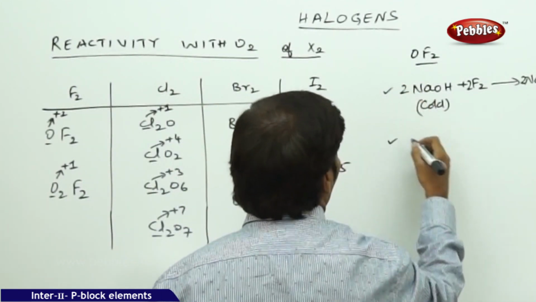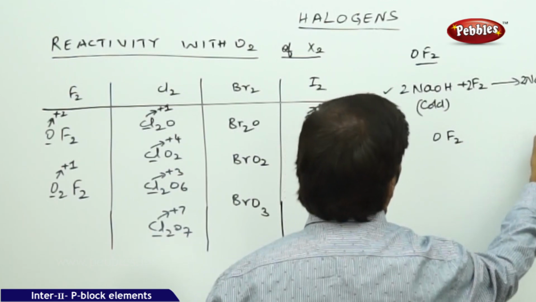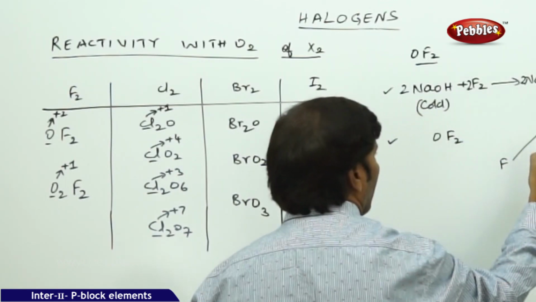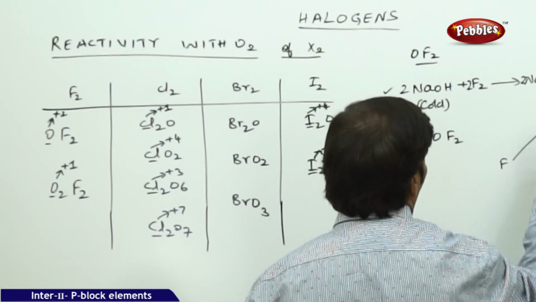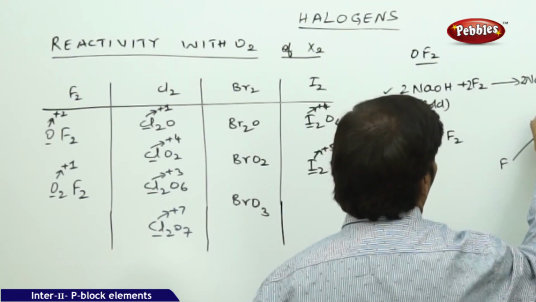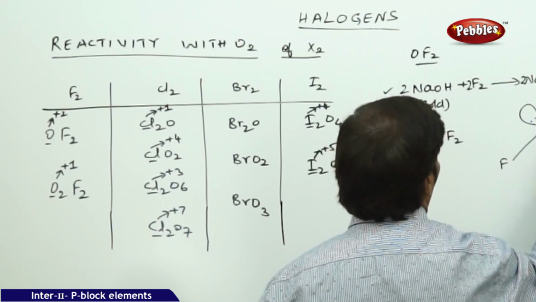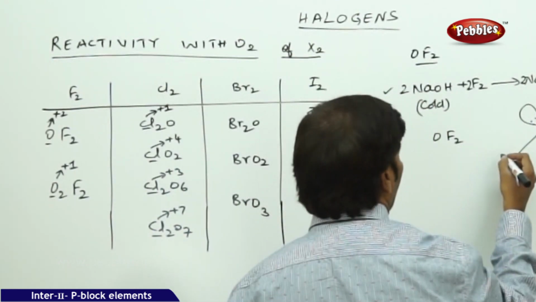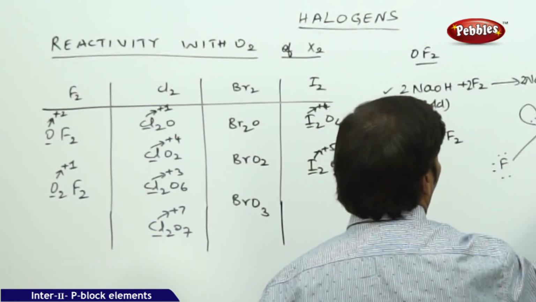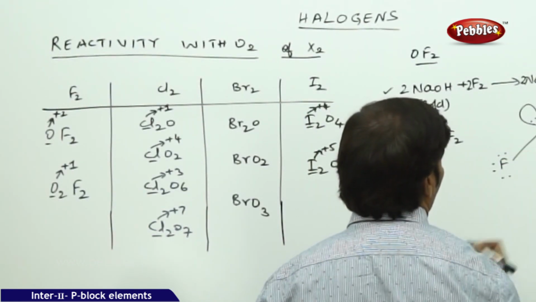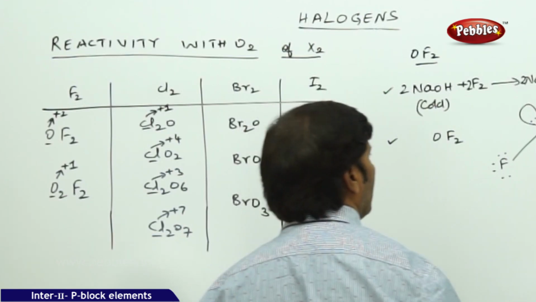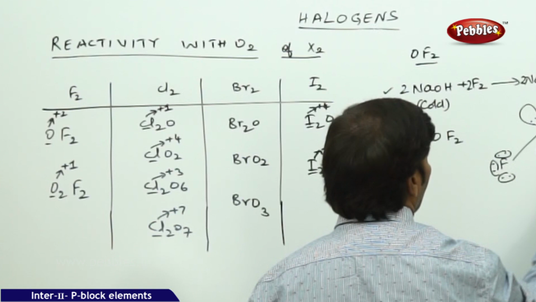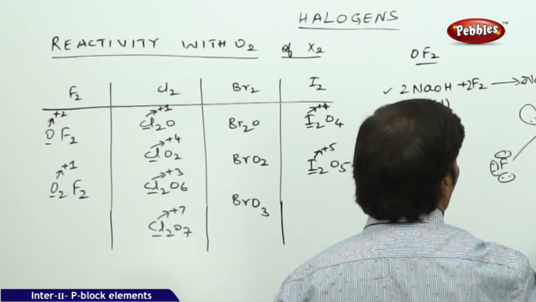So now next, if you go for OF2, yes, it can form bonds with two fluorine atoms, and a total of 6 valence electrons are there. The bond angle is around 103 degrees. Interestingly, you find that the lone pair repulsions of adjacent atoms are greater than the bond pair repulsions.